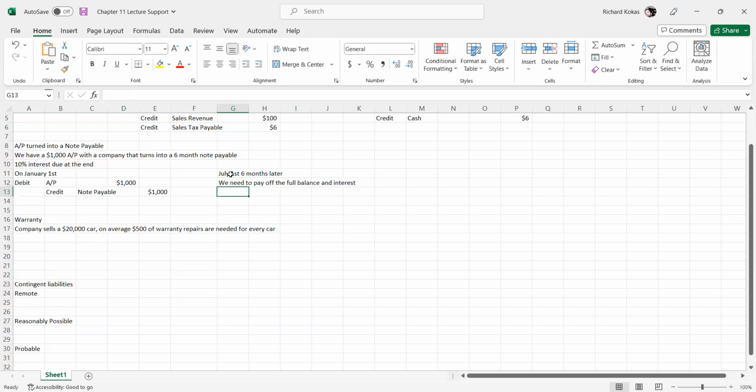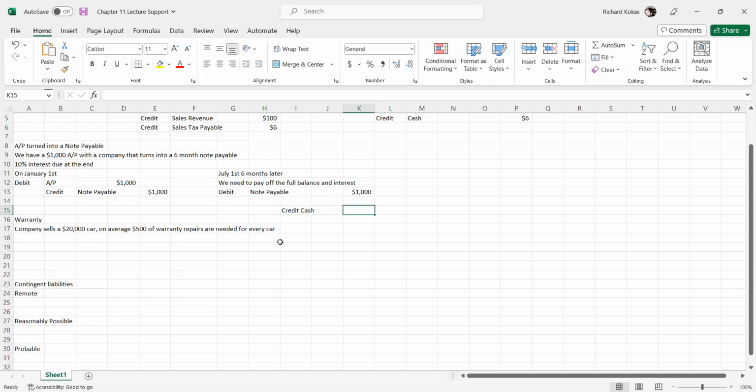That's something you have to keep in mind with a note payable. So we know we have to pay cash, and we know we need to eliminate the note payable. Here we can start setting it up. If we're paying it, this note payable that was credited for $1,000 needs to be debited. Debit the note payable for $1,000. We know we need to credit cash.